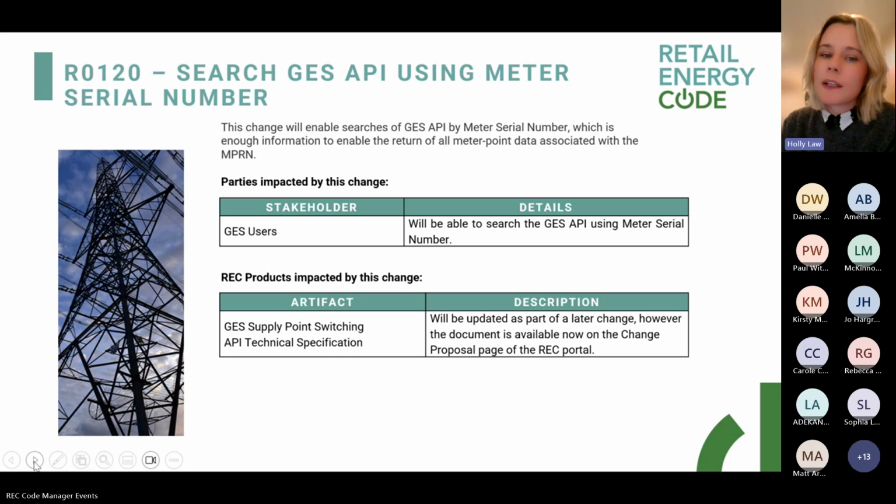So this will bring the ability to be able to search with MSN and also postcode outcode. They'll be introduced into the supply point switching address search API and supply point switching switch gas data API as additional input parameters, and that will be available to all existing users. So the things that you'll be able to search using is the MSN, that's mandatory, and the postcode outcode, which will be optional, and it's only valid when provided with the meter serial number.